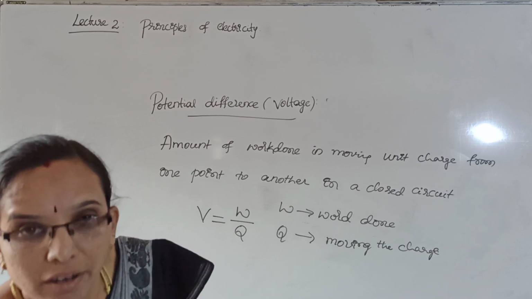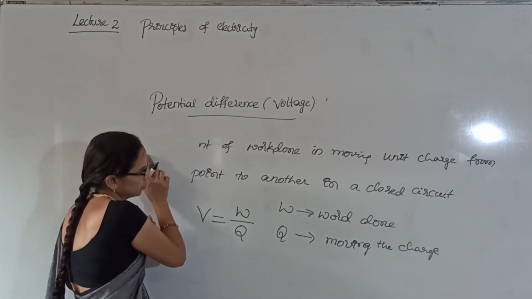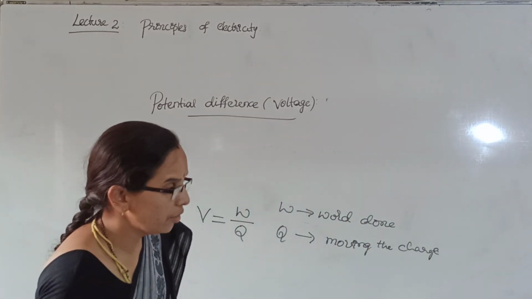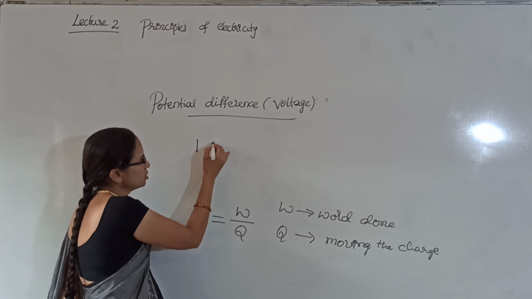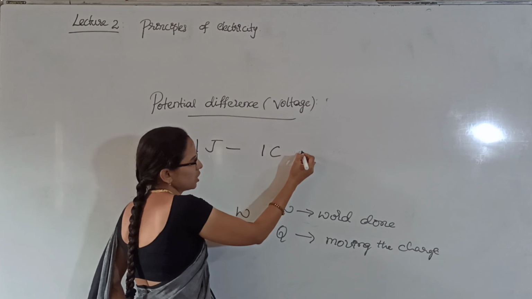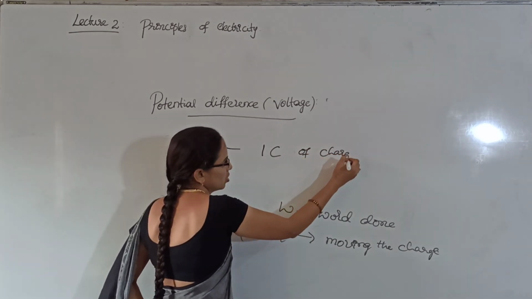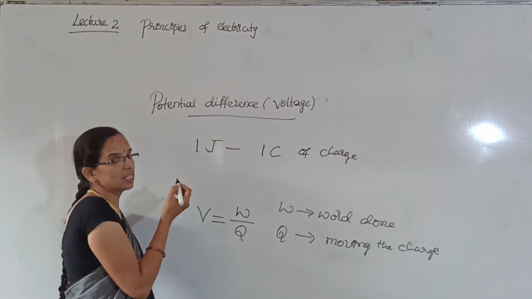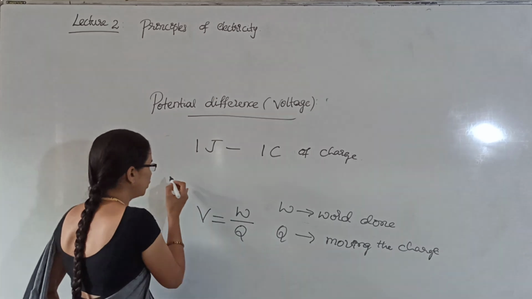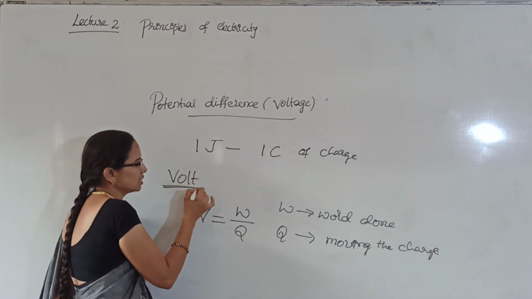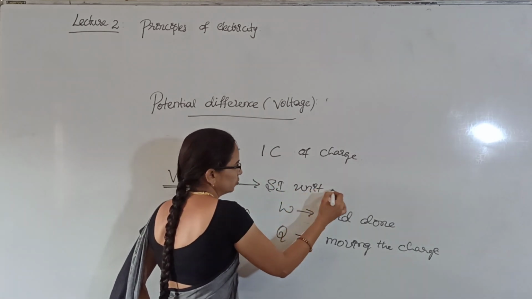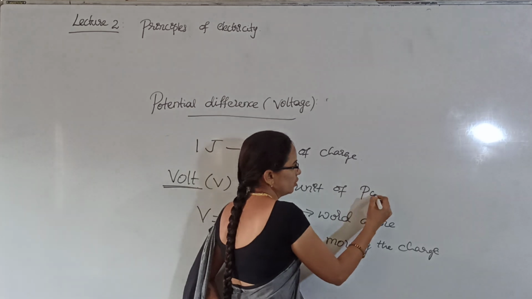If 1 joule of work is done in moving 1 coulomb of charge, then the potential difference is said to be 1 volt. That means volt is the SI unit of potential difference.